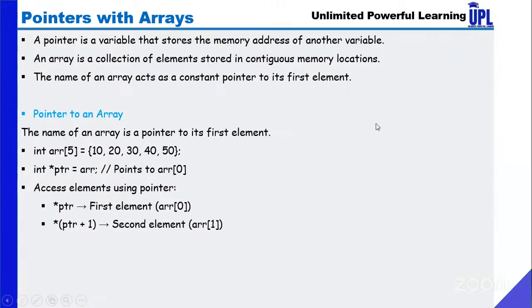When we talk about pointers with arrays, as you know, a pointer is a variable that stores the memory address of another variable. Here, an array is a collection of elements stored in contiguous memory locations. Using pointers, we want to point to the array. If you look at this, this is an array stored in a contiguous location.